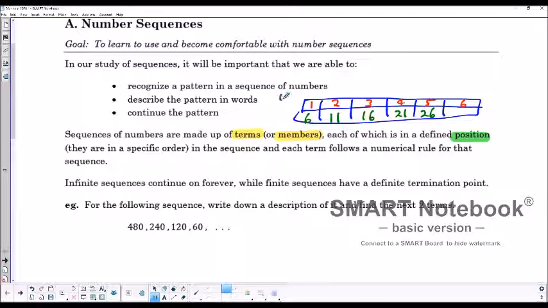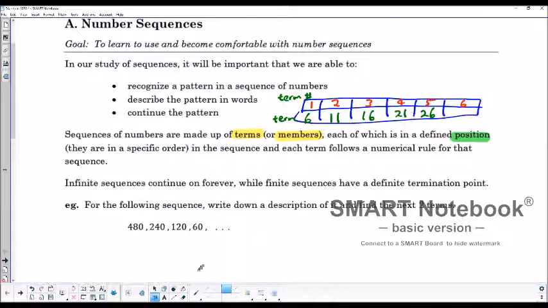So this is the term number, and this is the term itself. The first term is 6, the second term is 11, the third term is 16, the fourth term is 21, etc. So that's what it means by position, the position in that sequence.